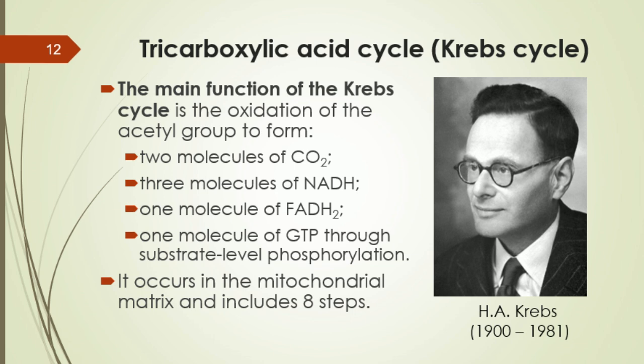Remember that the main function of the Krebs cycle is the oxidation of the acetyl group to form two molecules of carbon dioxide, 4 molecules of reduced coenzyme, 3 molecules of NADH, and 1 molecule of FADH2, as well as formation of a molecule of GTP through substrate-level phosphorylation.